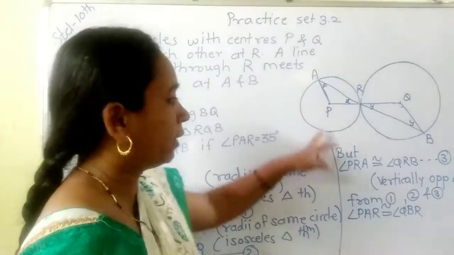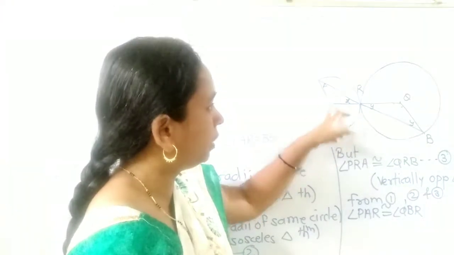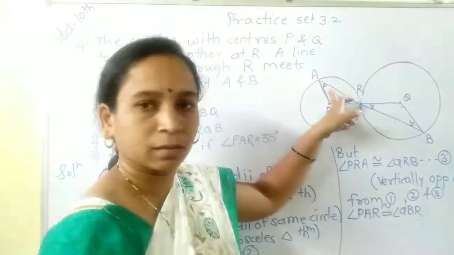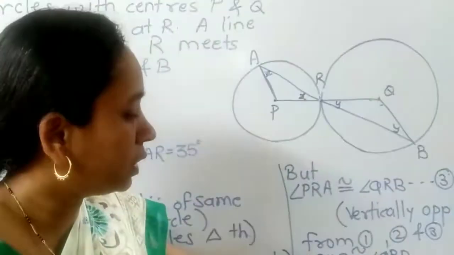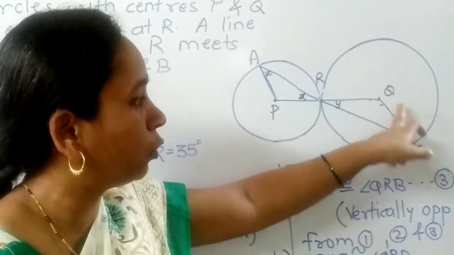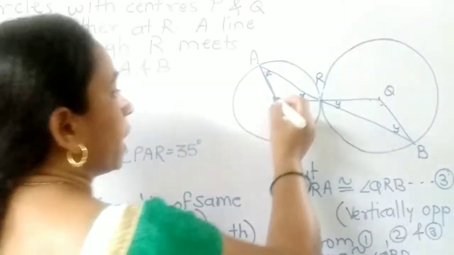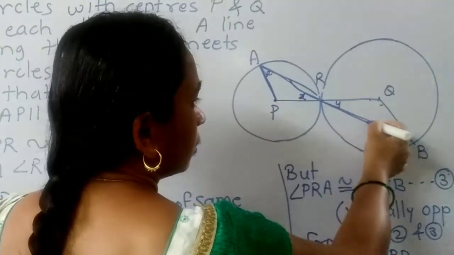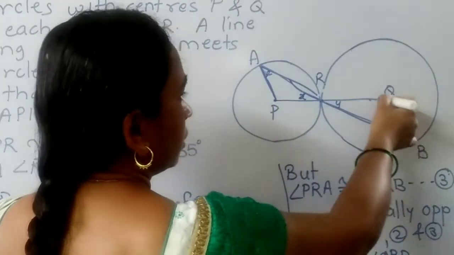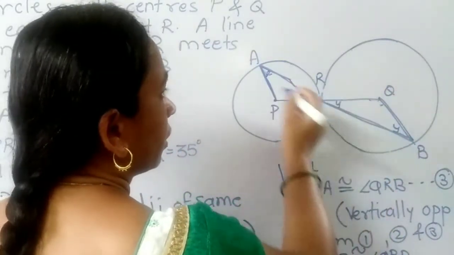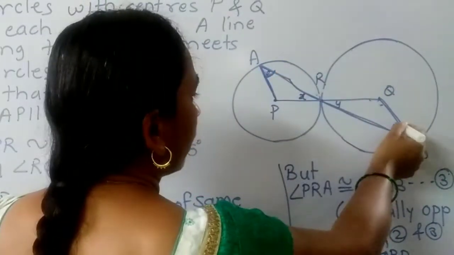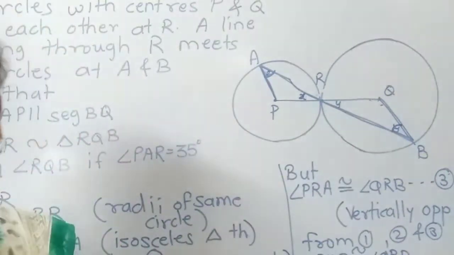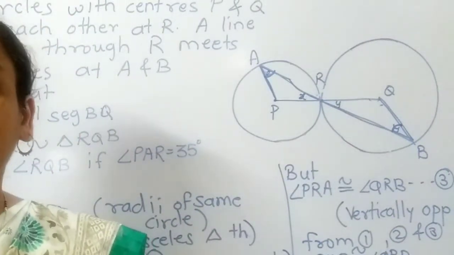So we see angle PAR, this angle, is congruent with, we have proved, QBR, these angles here. This angle I have proved and this angle are congruent, which are nothing but the alternate angles.